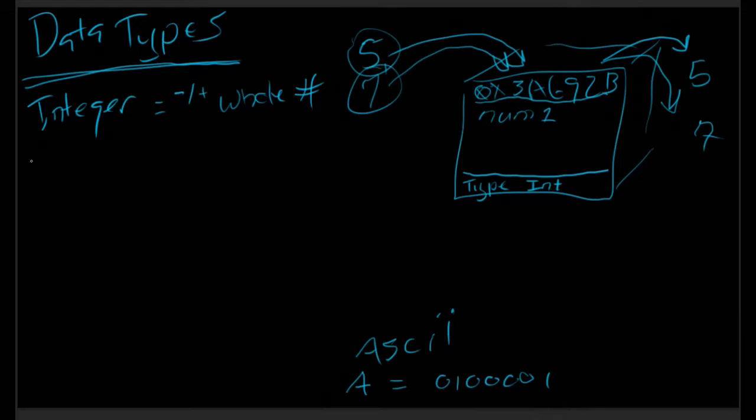We also have a data type that's called a double, D-O-U-B-L-E. This is your decimal type of number, so decimal or floating point. For example, 3.14.